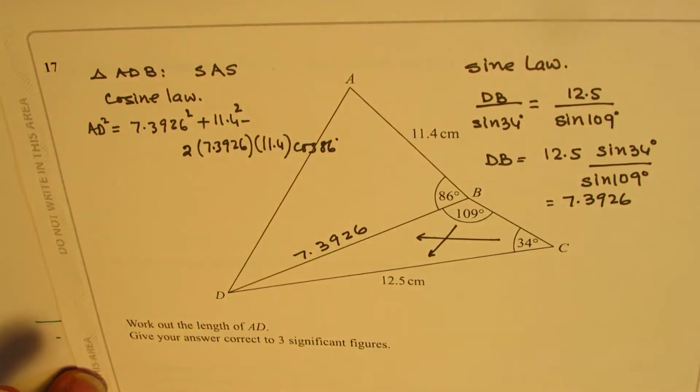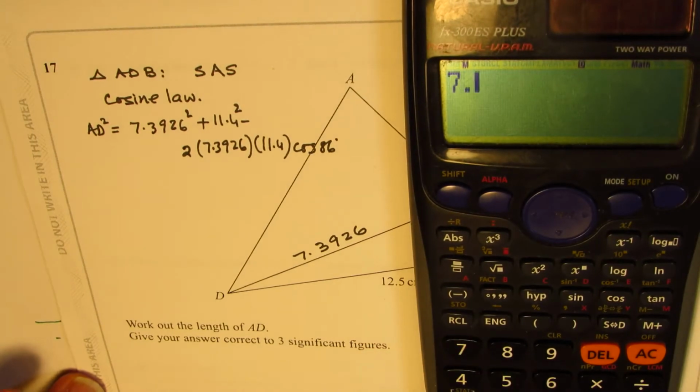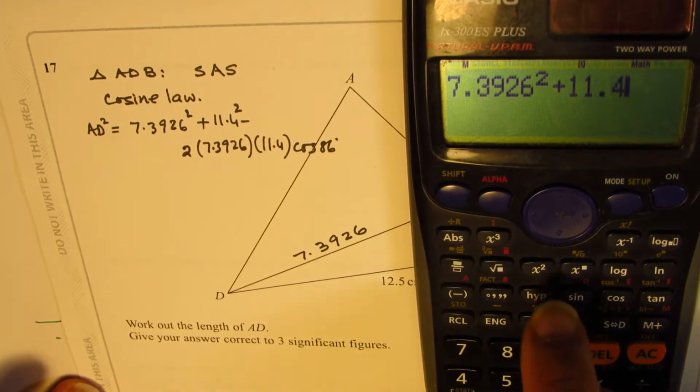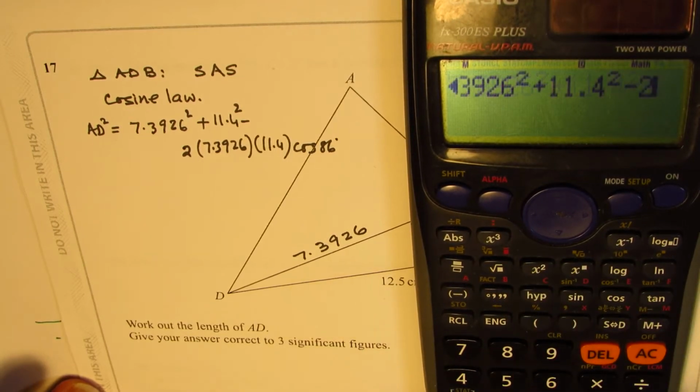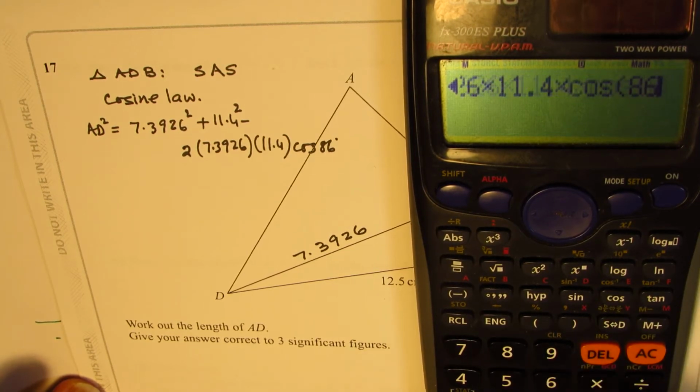Correct? So let's calculate this. We have 7.3926 square plus 11.4 square minus 2 times 7.3926 times 11.4 times cos of 86.